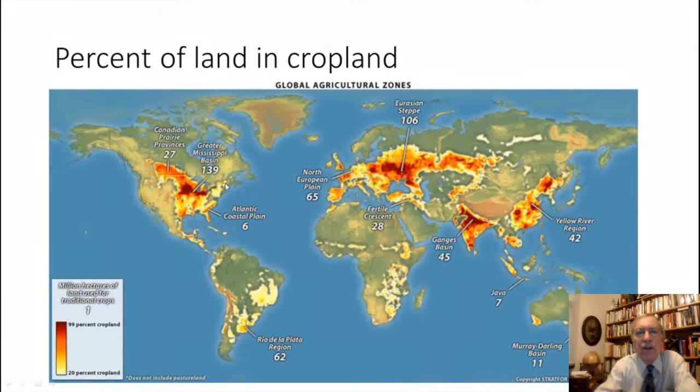But anyway, you can compare that the 139 million hectares in the United States is a little bit more than the whole Eurasian steppe region. And you can see India, and particularly the Ganges River basin, is the most agricultural area there, and in China, in various river basins, particularly the Yellow River Basin and so on.